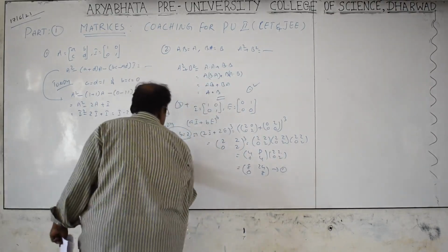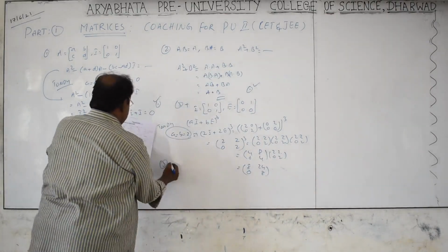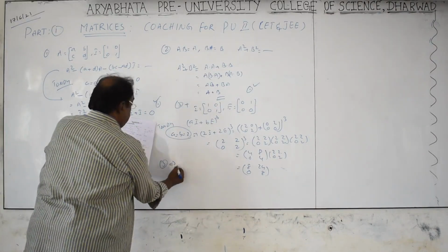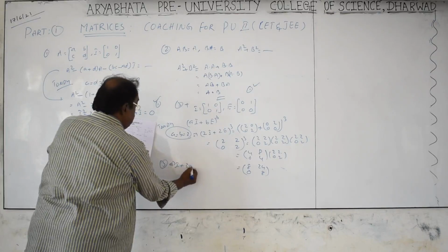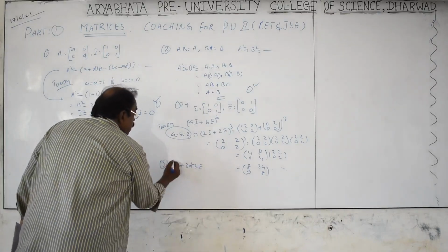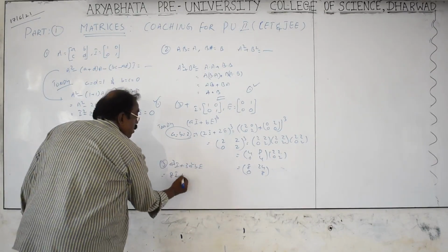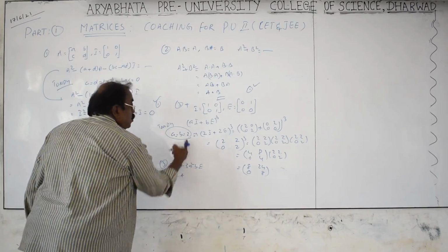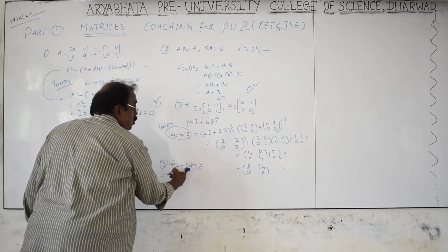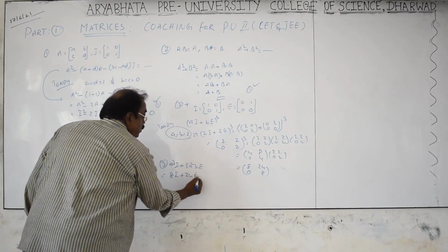You take, for example, the third option. The third option is: A cube I plus 3 A square B E is there. A cube means 2 cube. A is 2, so 2 cube is 8I, plus 3 into A square, 2 square is 4; 4 into 3 is 12; 12 into again B is 2, 12 times 2 is 24E.